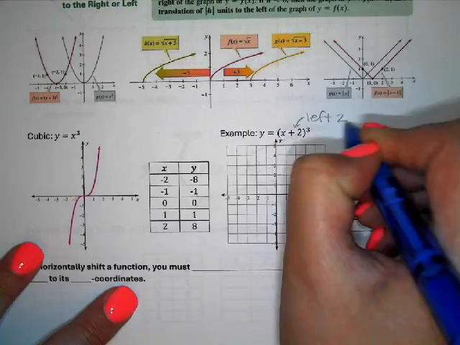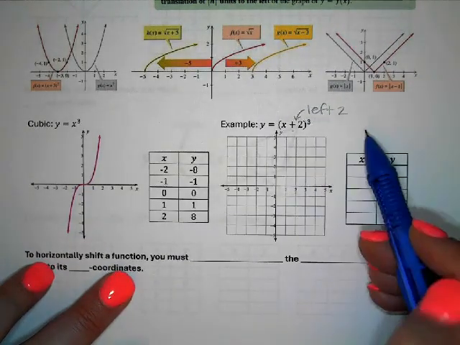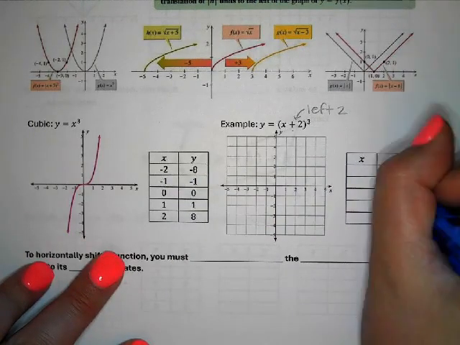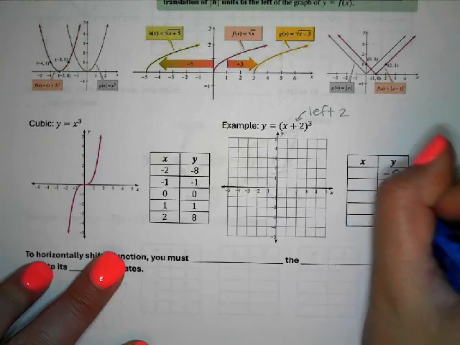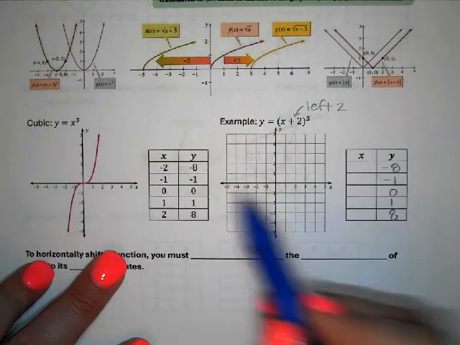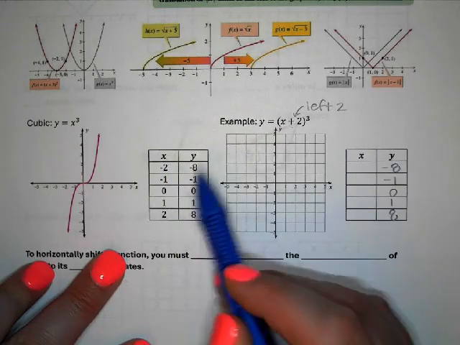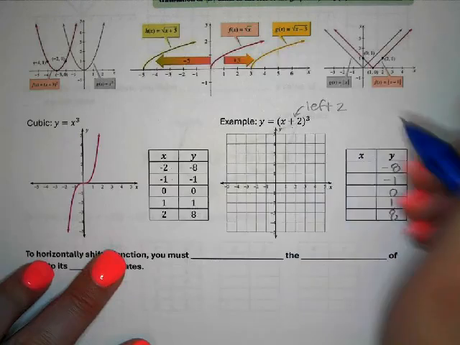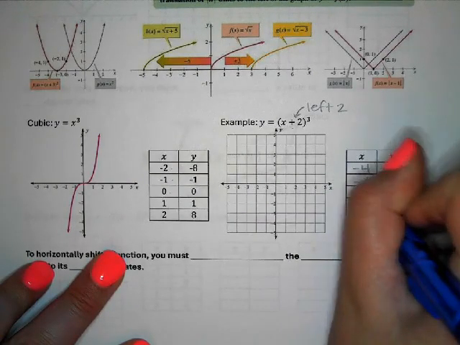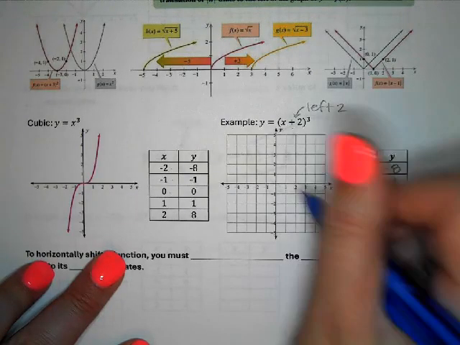Now in this case, since we're shifting to the right and the left, we're going to be adjusting our x coordinates. So I'm going to copy the y coordinates. Those are going to stay the same. And to shift the x-coordinates left 2, I'm going to take each x-coordinate and subtract 2. So -4, -3, -2, -1, and 0. -4, -8 doesn't really fit.